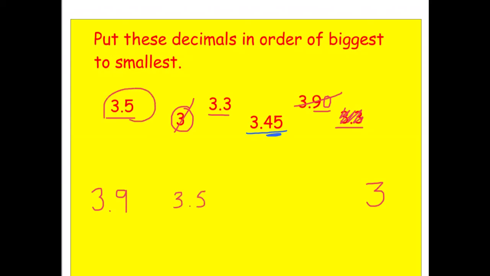And that's because 3.5 is just 3.50. So if we want to think of it like 50 after the decimal, our next biggest value is our 3.45. And the last one that we're going to put into this space is 3.3. Because 3.3 just means 3.30.